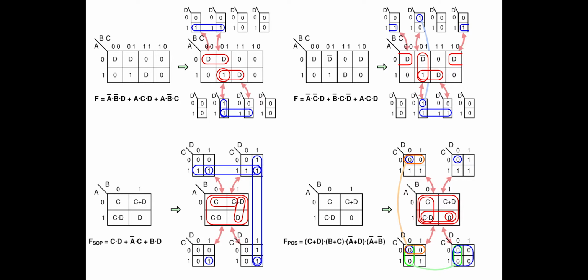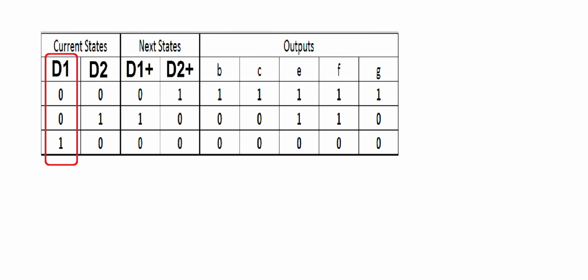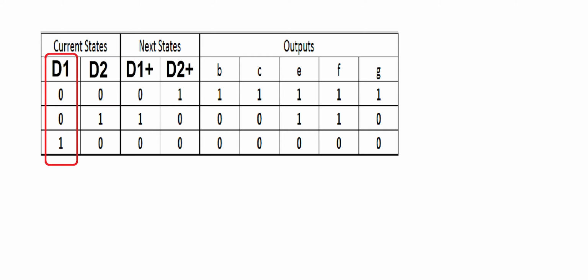K-maps help us to calculate logic equations for our circuit. Here we have only 2 variables, D1 and D2, so we use a 2-variable map. The map is like a 2 by 2 square, with each square assigned a number. Remember how we assigned D1 and D2? D1 was the left-hand side digit and D2 was the right-hand side digit.